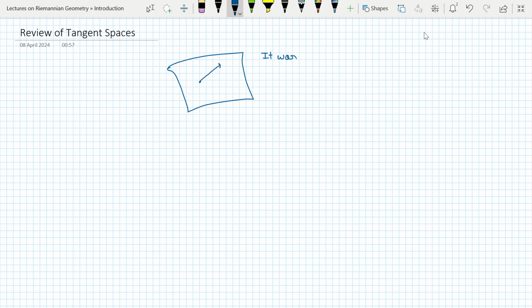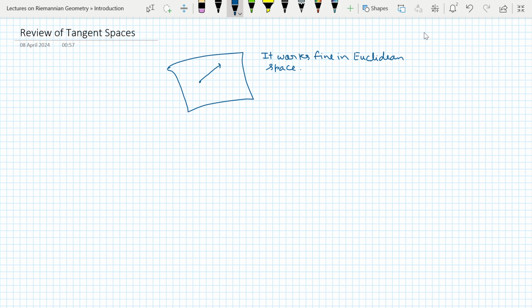It works fine in Euclidean space, because we have been doing all the geometry for all our school days in Euclidean space, and every structure that we require is already there, so that's why we can do it.